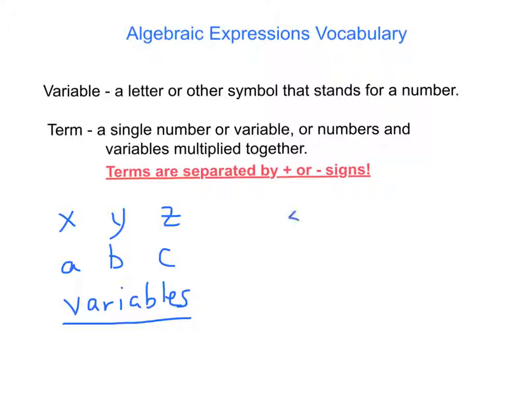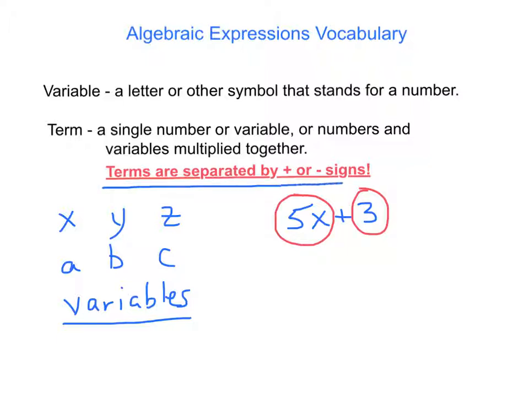If I had the algebraic expression 5x plus 3, it has two different terms. 5x is a term and 3 is a term. And it's very important that you remember that terms are separated by addition and subtraction signs.